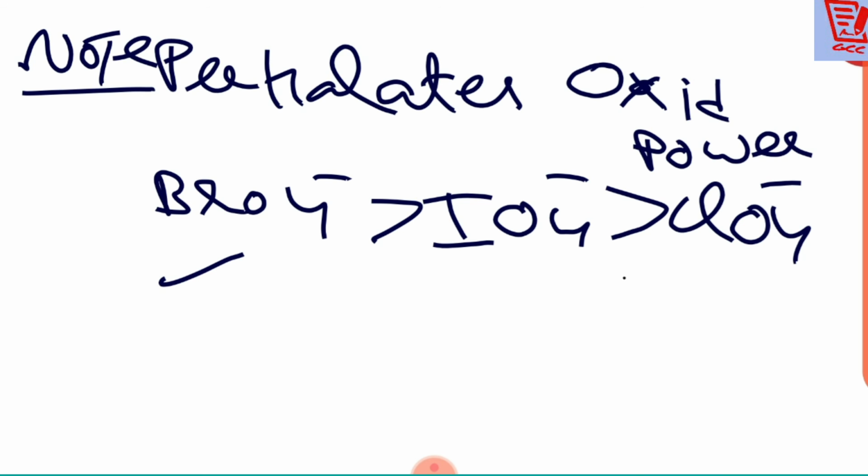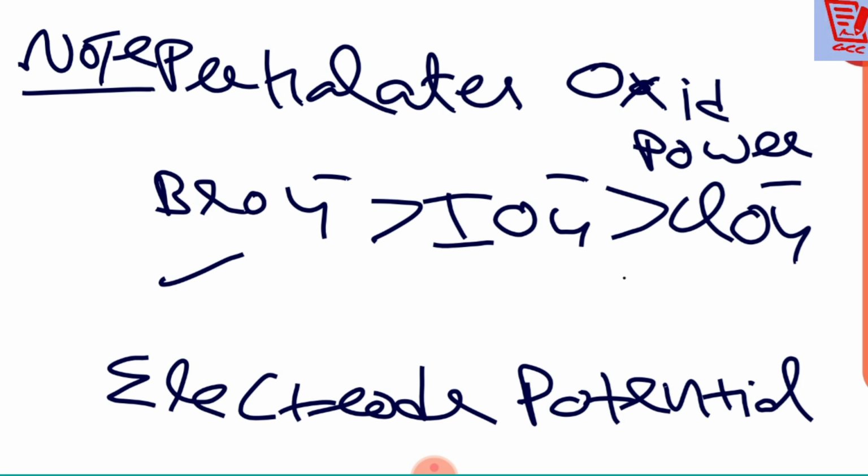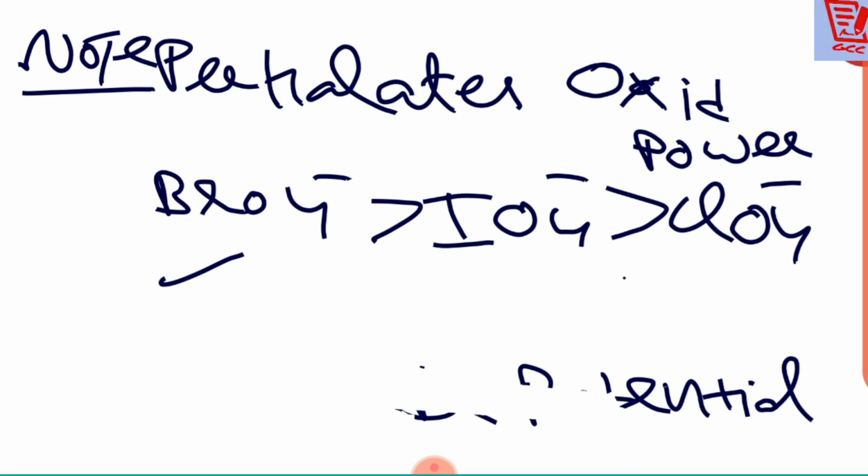But this reason we can explain on the basis of the electrode potential value. Which value is there, beta? Electrode potential value. I think you know very well, in electrode potential there are two types of value: one is reduction potential and one is oxidation potential. And you know very well, if the reduction potential value is highly positive, then that element or molecule will undergo reduction.